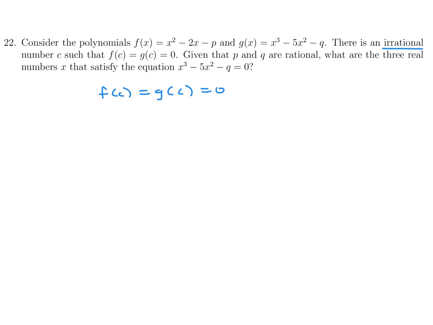So let's plug that in. Here's the f of c formula, and here's the g of c formula. So we have c squared minus 2c minus p, and that is equal to c to the power of 3 minus 5c squared minus q. Substituting into there and there.